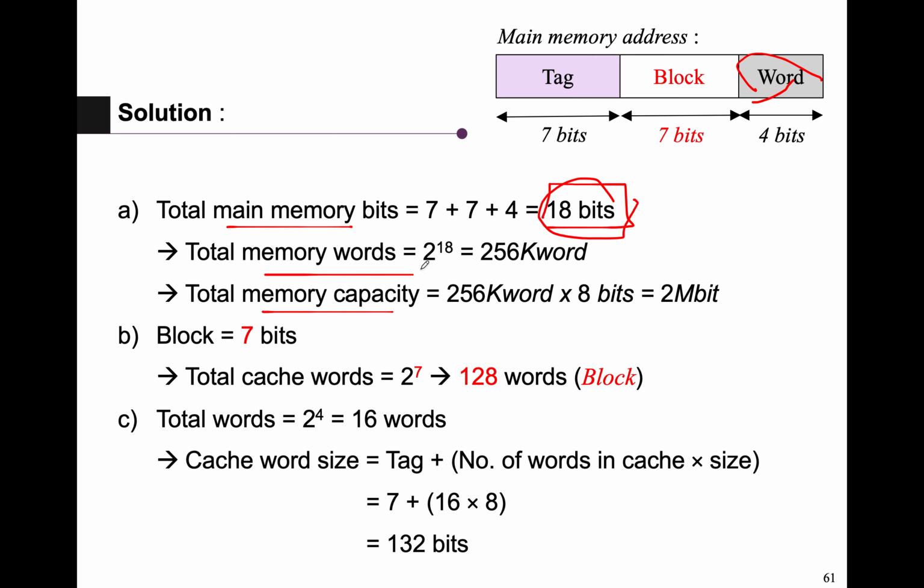Memory words is equal to 2 to the power of 18 because it is 18 bits, and you get 256 kilo words. On top of that, we have 8 bits. 8 bits, we're going to multiply with the total of the memory words, and you get lastly 2 megabits.